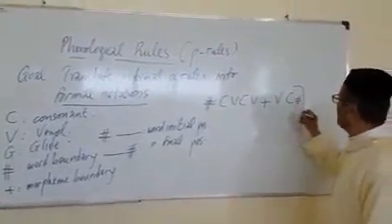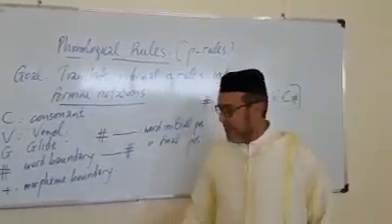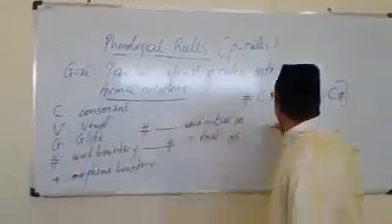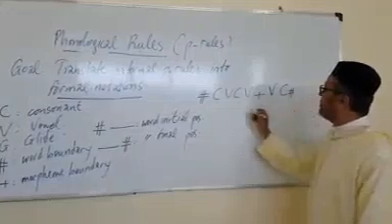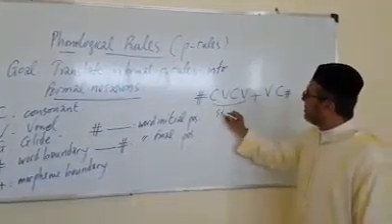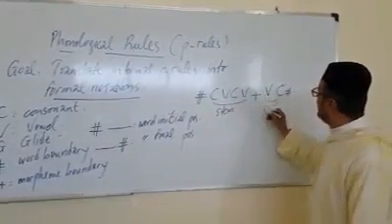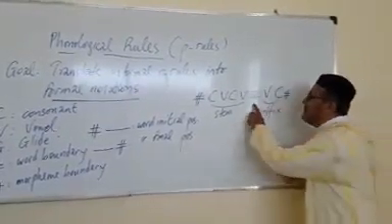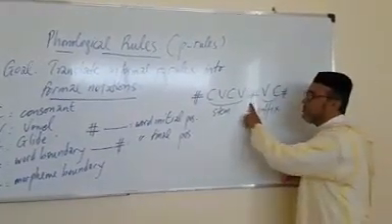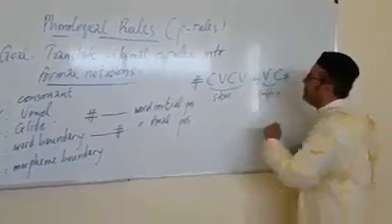This will be the stem, and this will be the suffix. This represents the morpheme boundary.